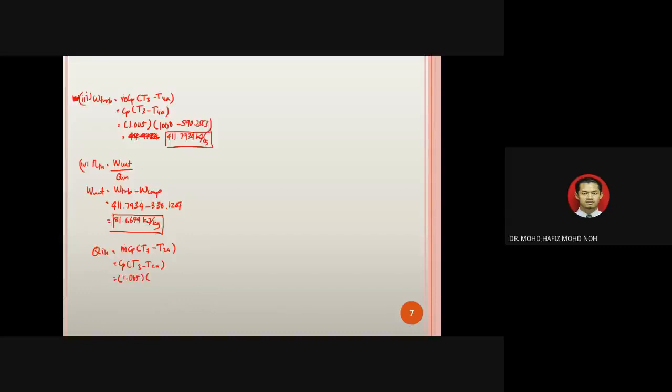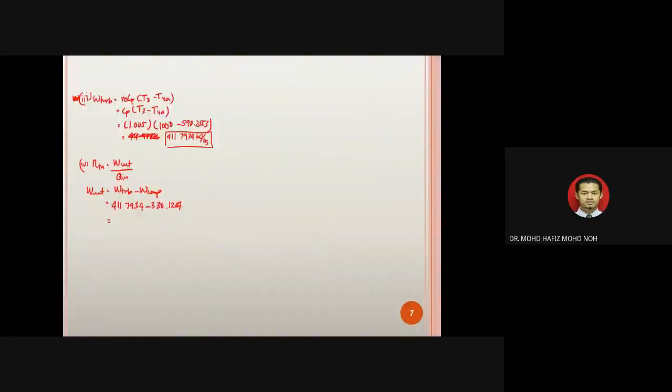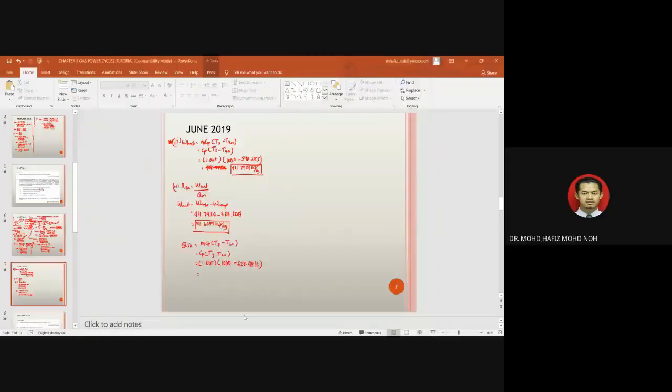T3 is equal to 1000 minus T2 actual. T2 actual is 628.4816.